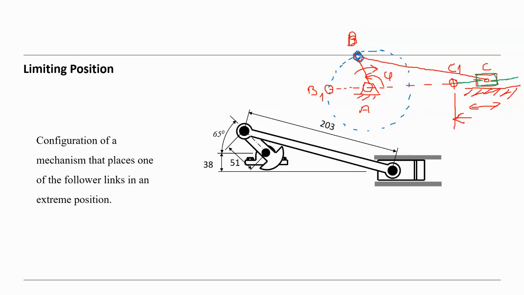On the other side, if the crank turns and arrives at this position, then the slider moves in that direction and arrives at this position here. Let's say this is C2 and this is then B2.